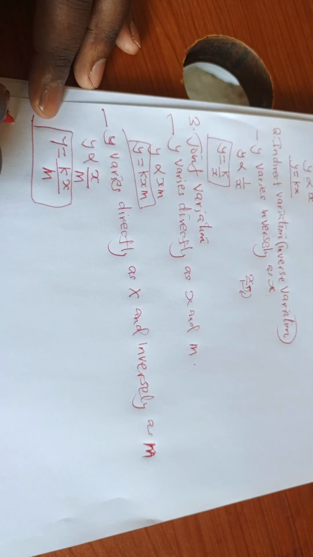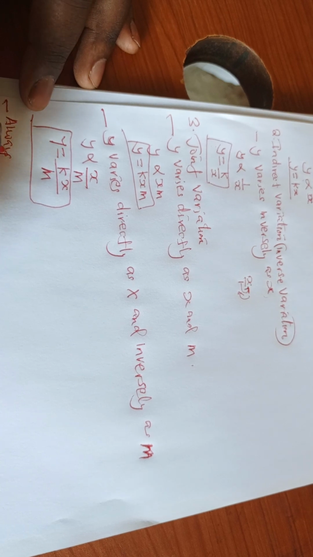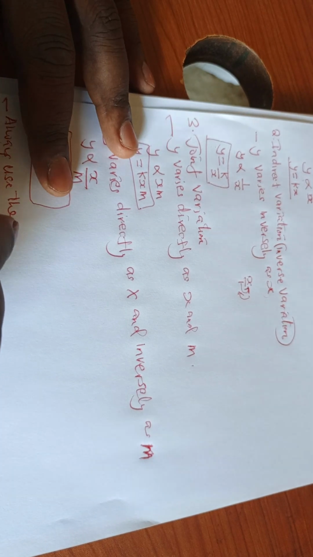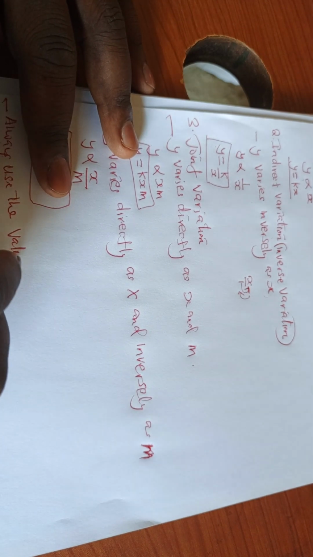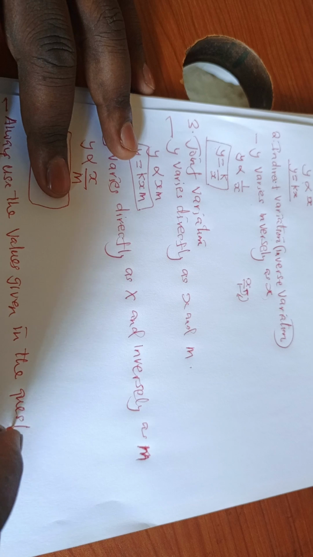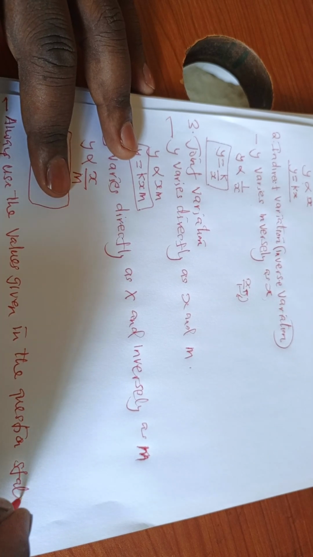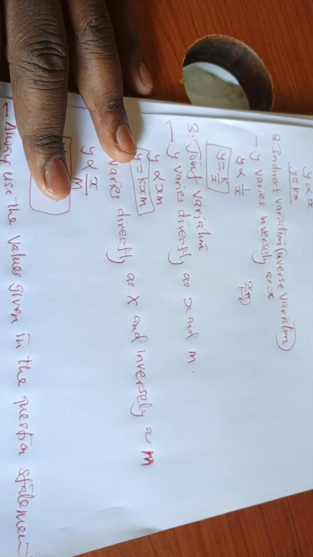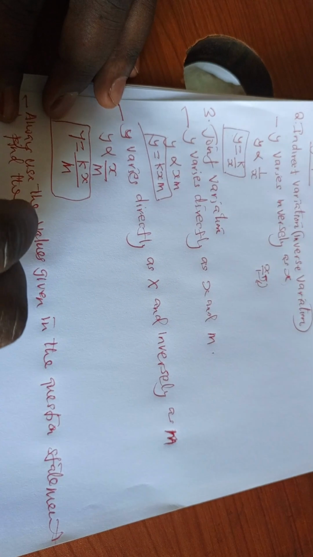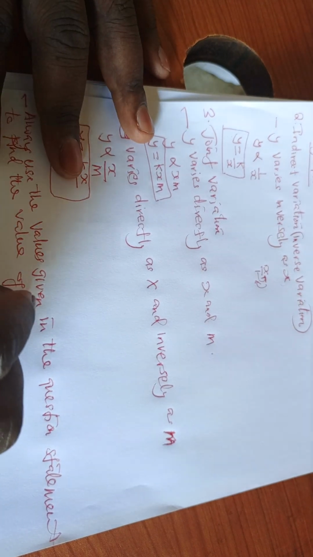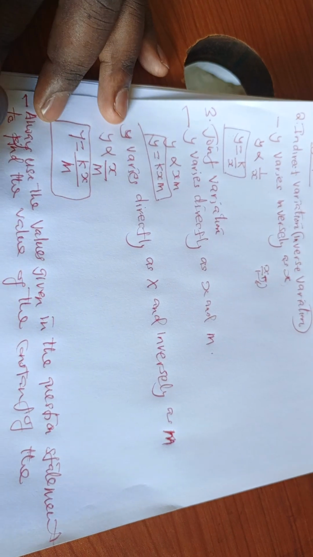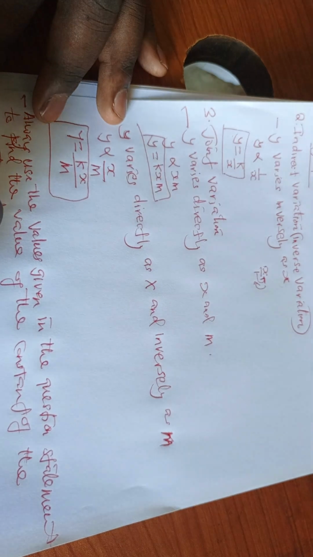Then always use the values given in the question statement to find the value of the constant of the variation, k.